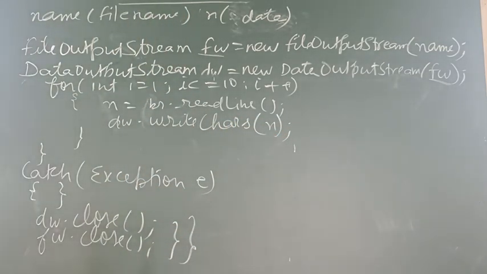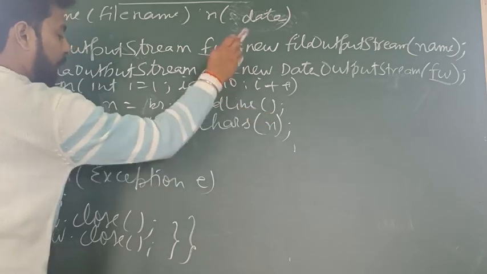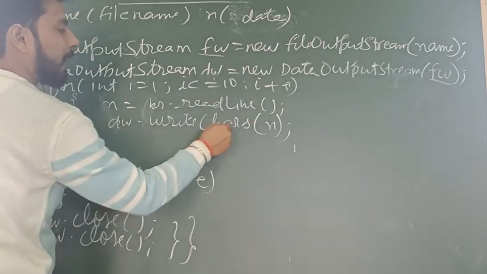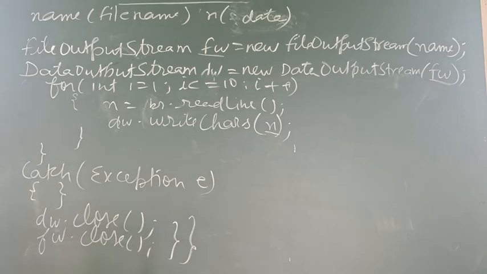Close. Okay? In this way, you will enter the 10 names, and those 10 names will be written in our file. So in this way, we write the names of the students in our binary file, that is your abc.dat file. Is it clear?